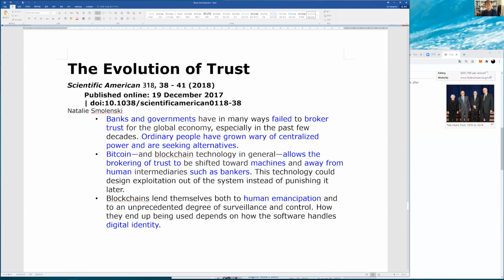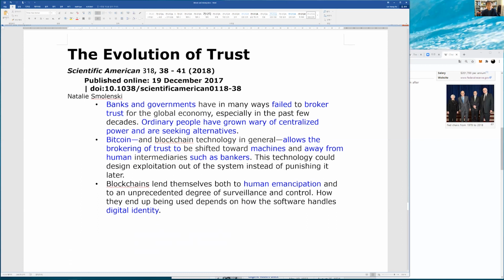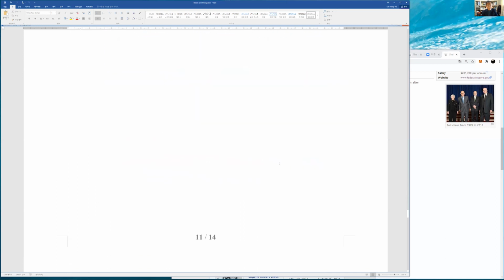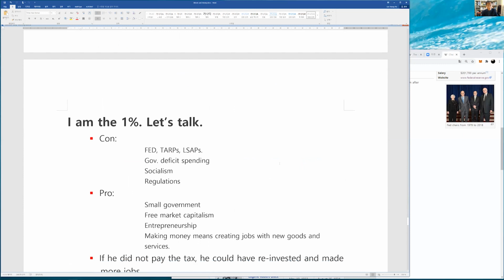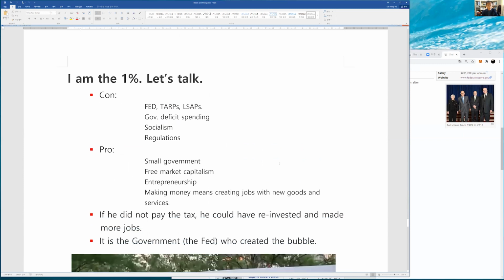Why? Because banks and governments fail to broker trust. Ordinary people have grown wary of centralized power and are seeking alternatives. Okay, so this is what has happened in the aftermath of the financial crisis.